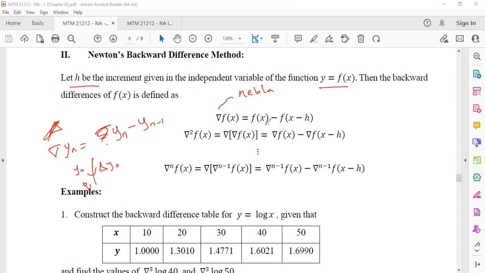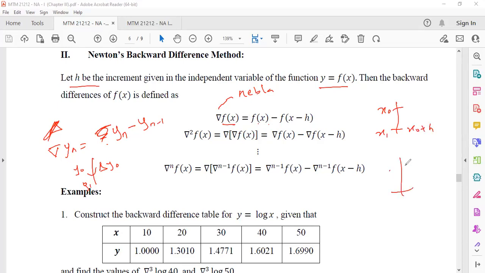So I don't need to spend time here. Same way as forward. Here, for y_n, they use f(x). So nabla f(x) is equal to f(x) minus one term less than that, so f(x) minus h. Okay. So here, if it is x_0, then x_1 will be x_0 plus h. Okay.